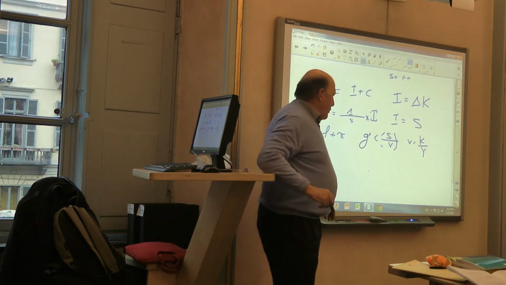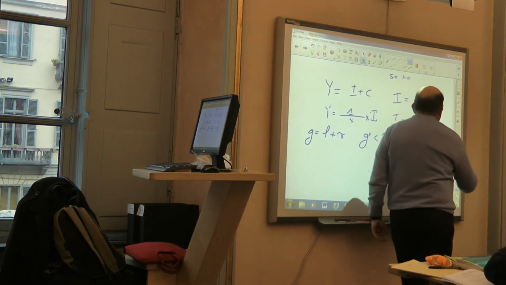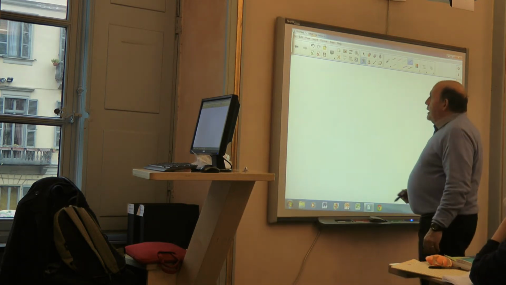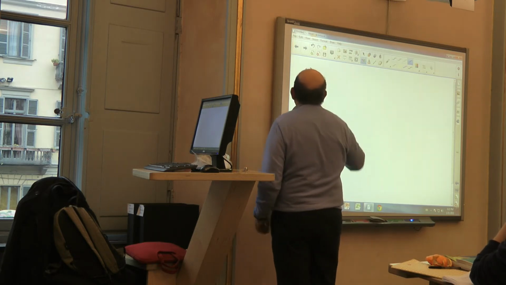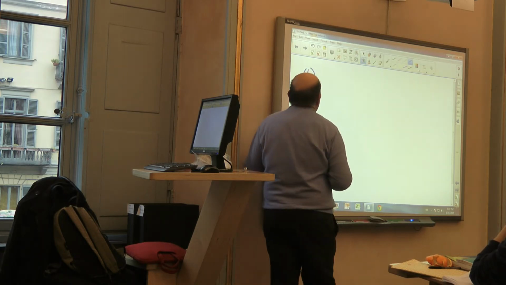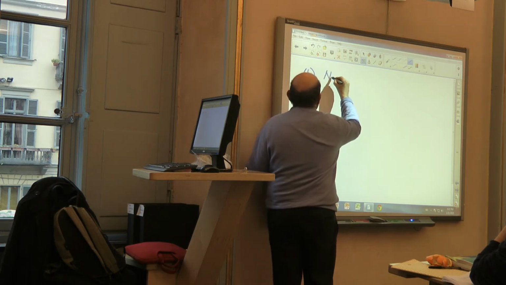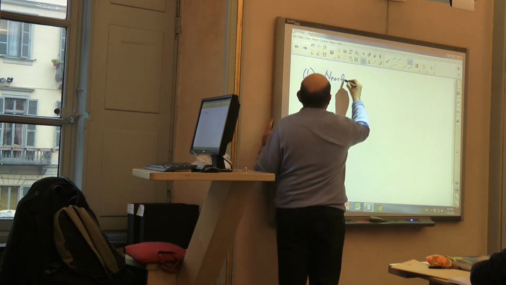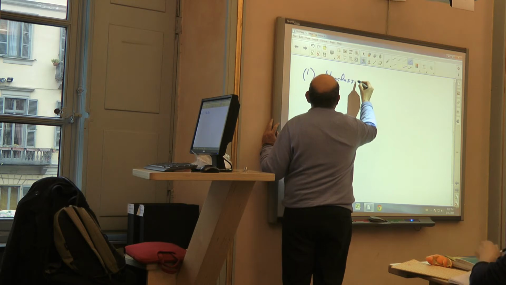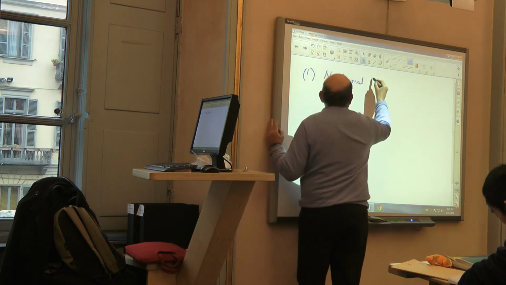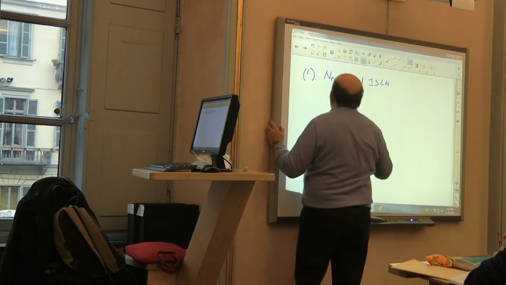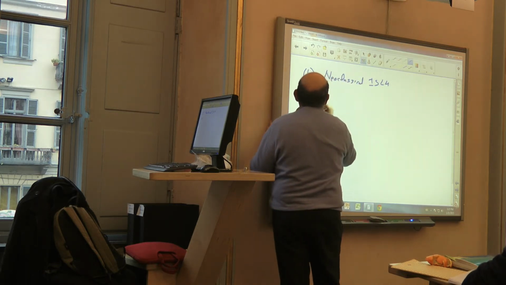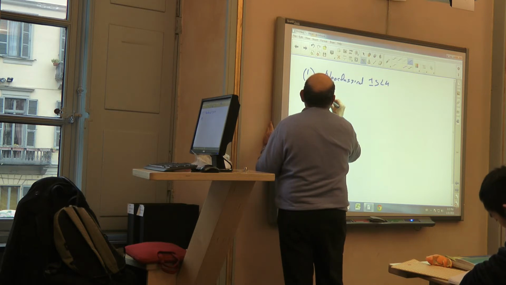So what you have therefore first in the American macroeconomic thing is, first you have the neoclassical Keynesians, IS-LM. Second, you have the Harrod-Domar.